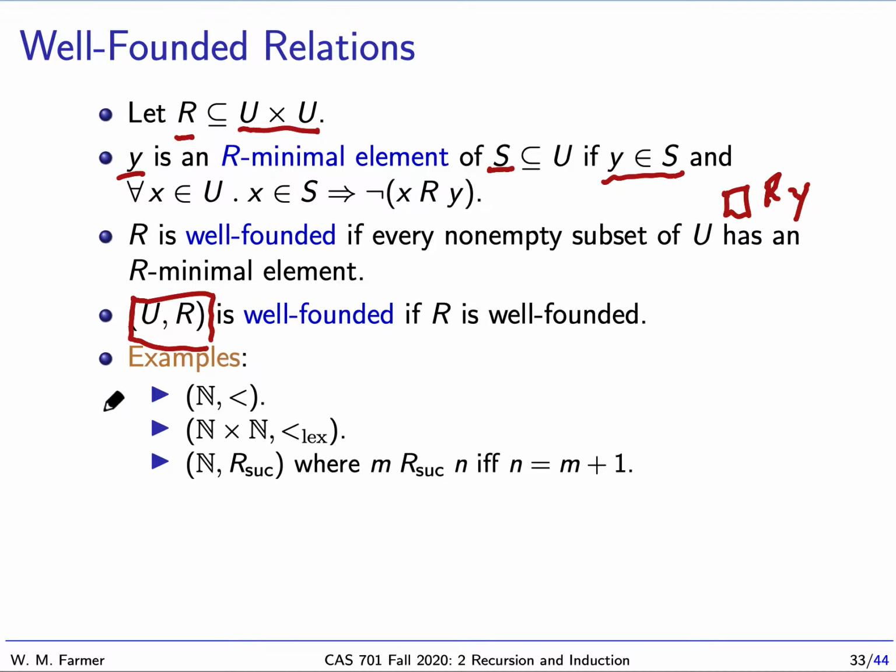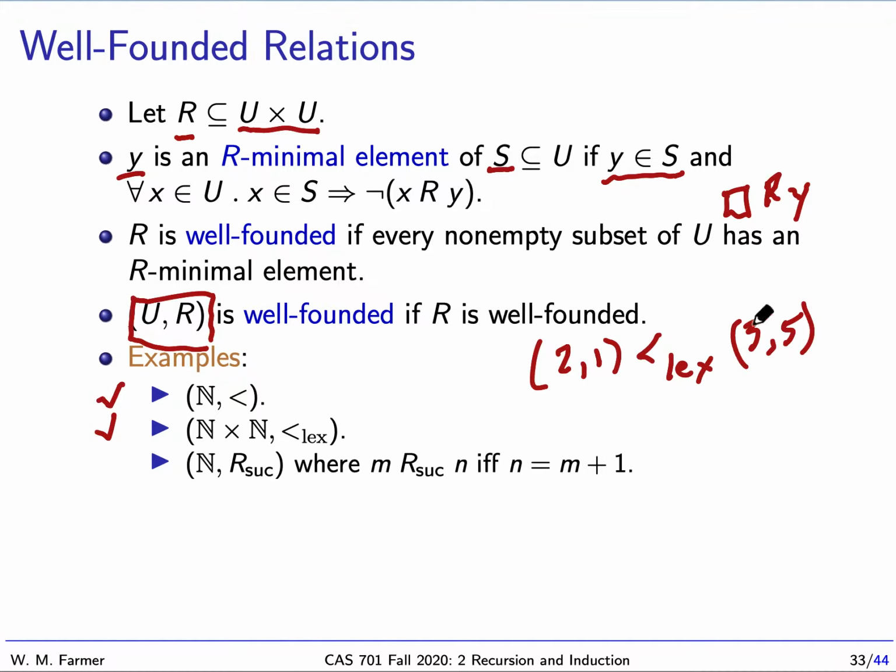The less than relation on the natural numbers is a well-founded relation. The lexicographical ordering on ordered pairs of natural numbers is a well-founded relation. What this means is that (2, 1) would be less lexicographically than, let's say, (3, 5).